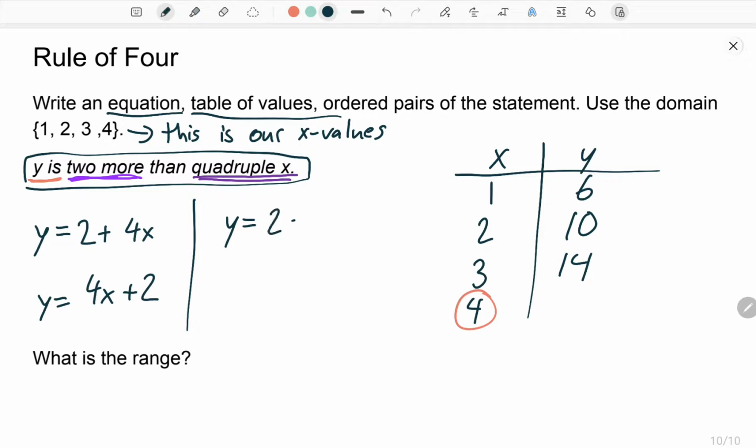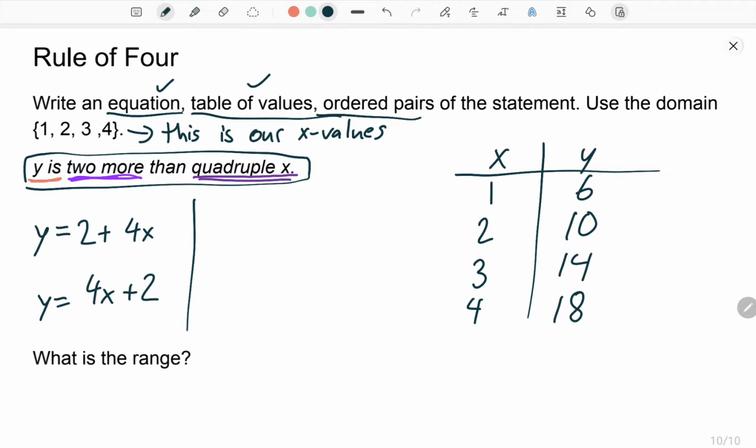So we're doing 2 more than 4 times 4, which 4 times 4 is 16. 2 more than that is going to be 18. So 18 is the next value in our table. And so there we have our table of values, which we took a few steps to calculate out there. So I'm just going to check these parts off as we finish them.